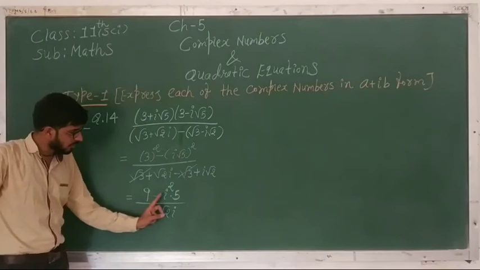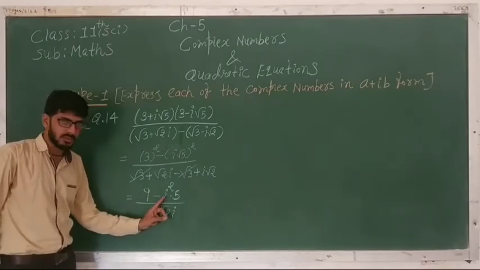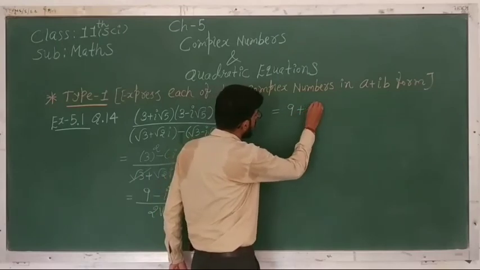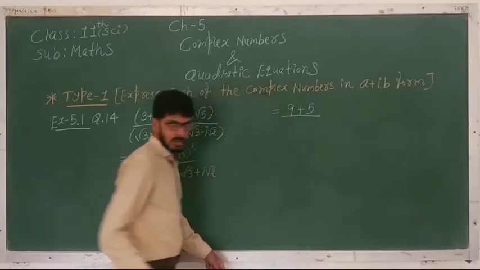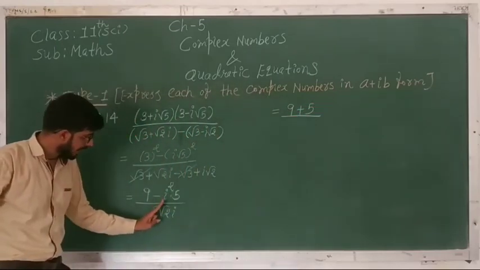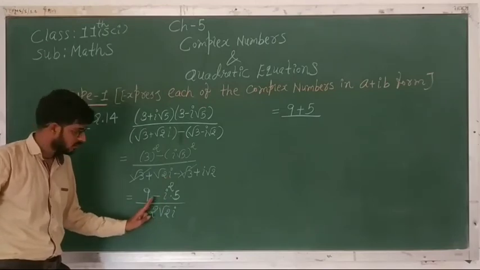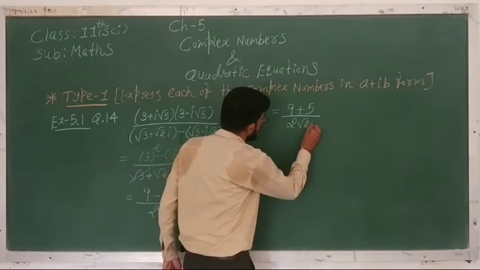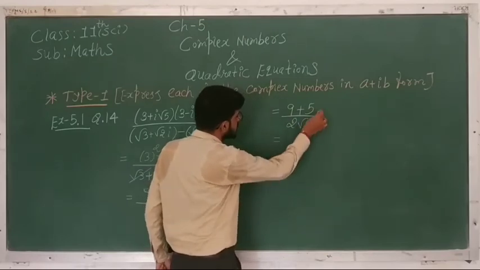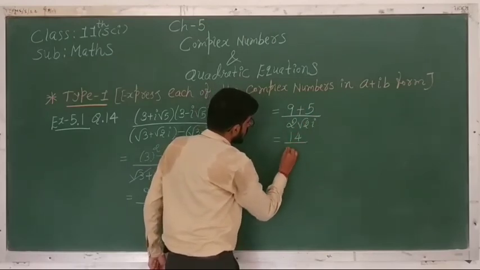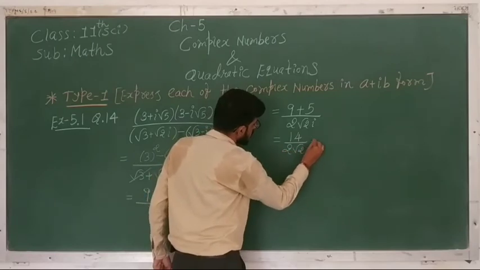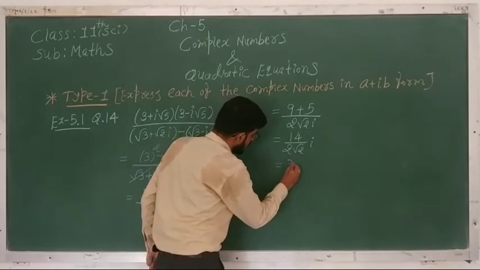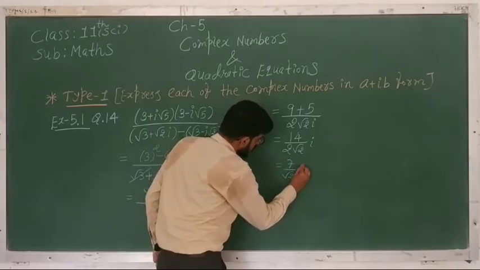Now put the value of i square as minus 1 in the numerator. So now it equals 9 plus 5, yes or no? Because minus minus plus 5, upon 2 root 2i, equals 9 plus 5, 14, upon 2 root 2i. 2 sevens are 14, so 7 upon root 2i.